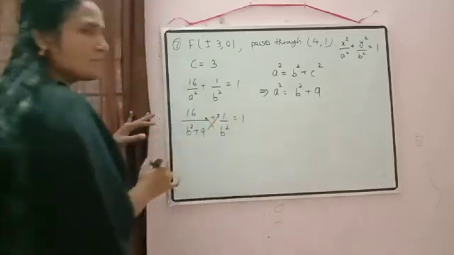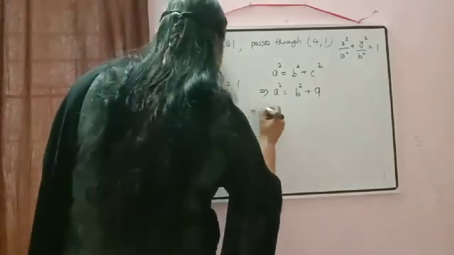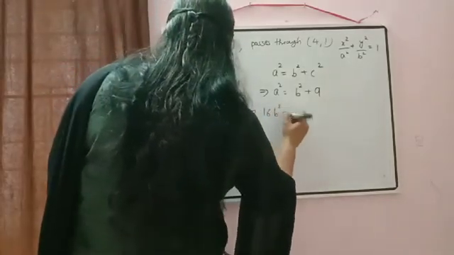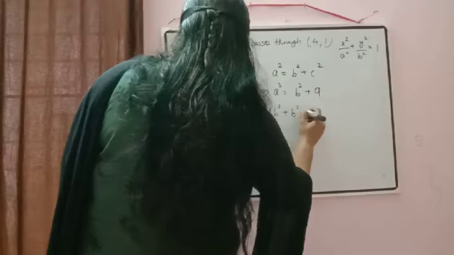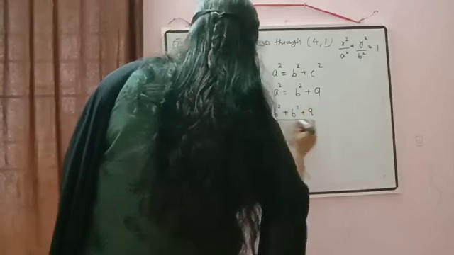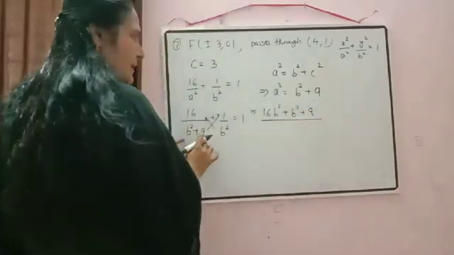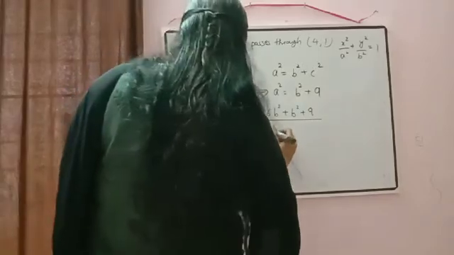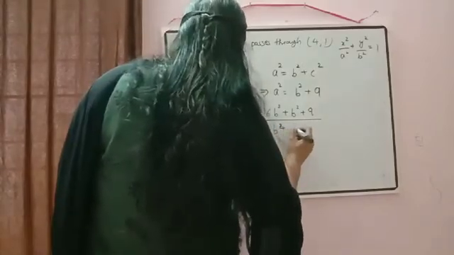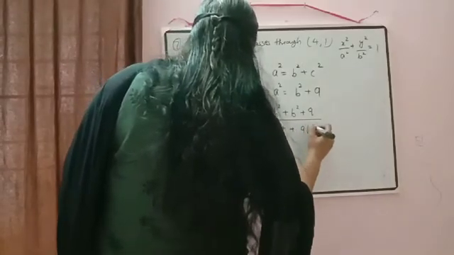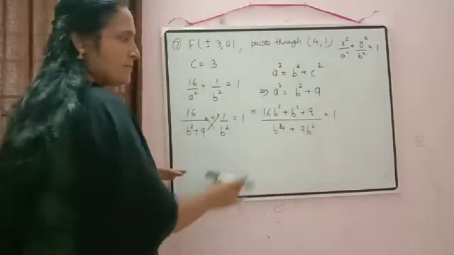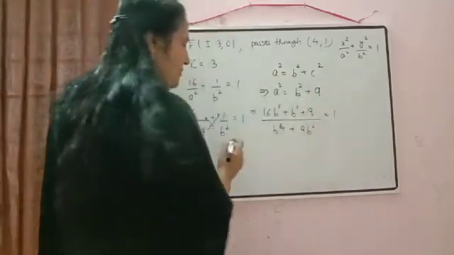Now what we will do? We will do the cross multiplication. Then we will get 16b square plus b square plus 9, here b square will be multiplied by these two, so we get b raised to 4 plus 9b square is equal to 1. Now this expression we are shifting to the right hand side.